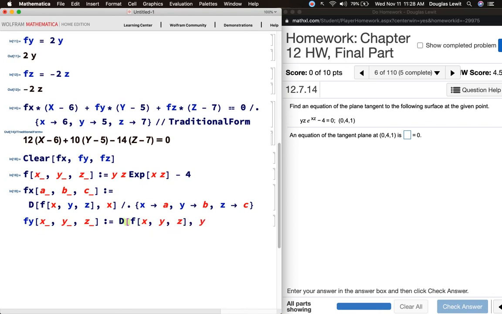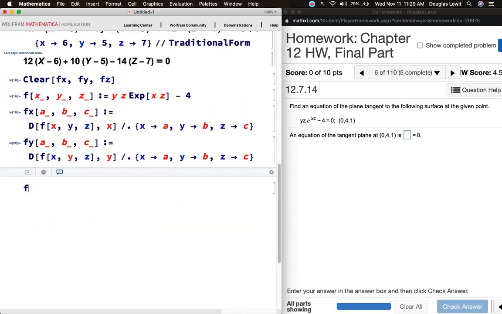Now we differentiate with respect to y. And again, A and B and C are numbers. X, Y, and Z are symbolic values. X is replaced with A. B substitutes for Y. C substitutes for Z. Okay.